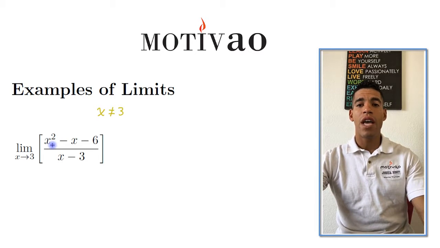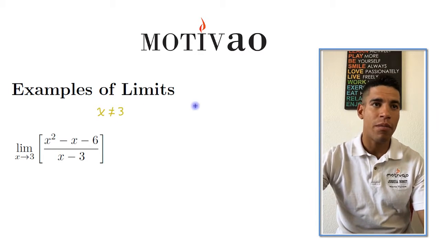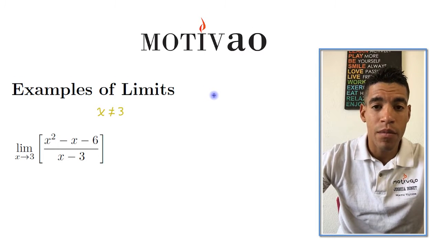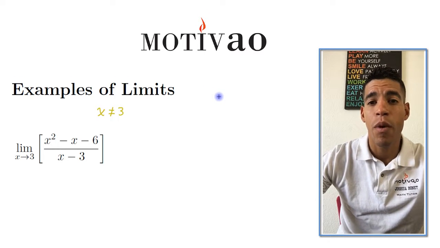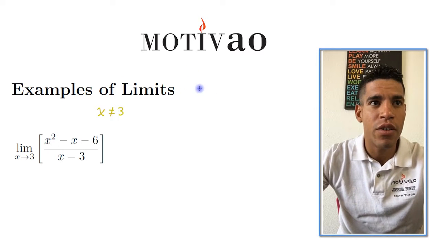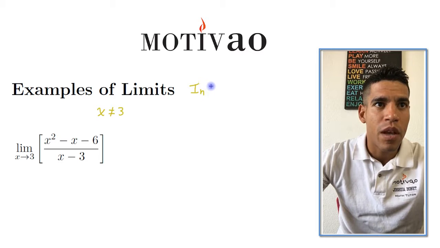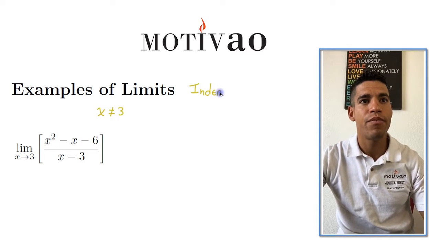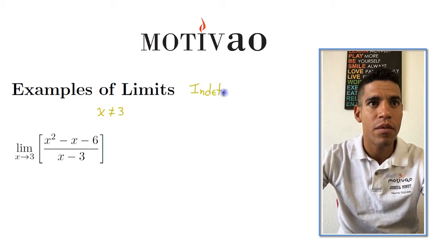So this is called indeterminate form. So I'm going to write that down because it's important. And I'm going to talk about that more later when we talk about L'Hopital's rule. But I'm just going to state that right now. So indeterminate form.